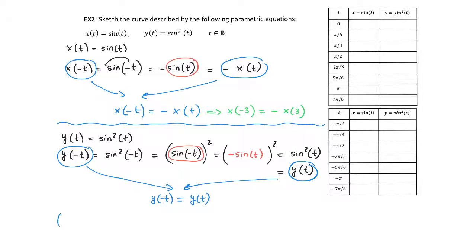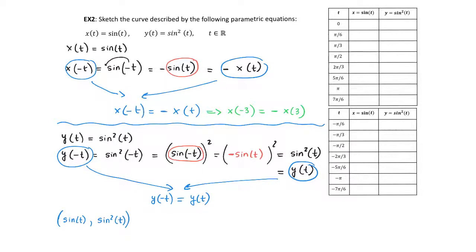So then let's put everything together. The x values of this curve we know are given by sine of t, and the y values are given by sine squared of t. This is how an ordered pair is going to be built.